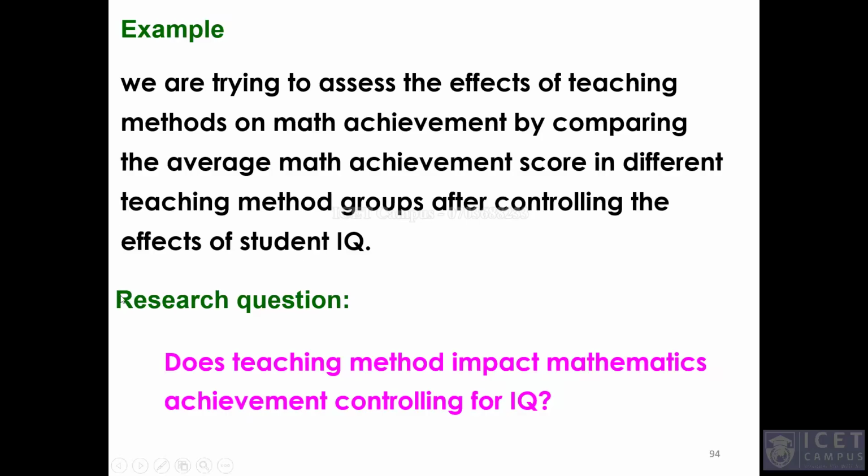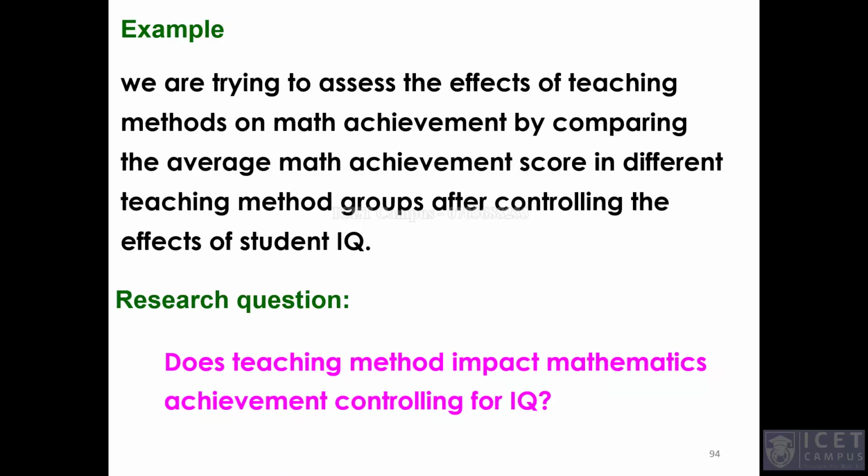The difference here is that in the earlier questions we had only two variables, and there were some groups. But here we are trying to assess the effect of teaching methods. That should be the dependent variable, because we are going to assess the effects of the teaching methods on math achievement by comparing the average math achievement score in different teaching methods.